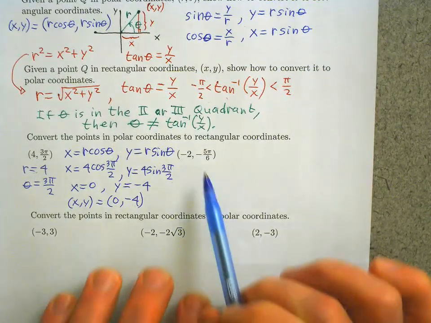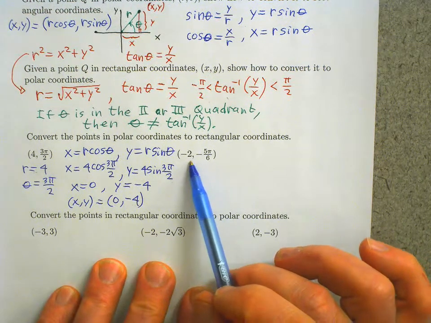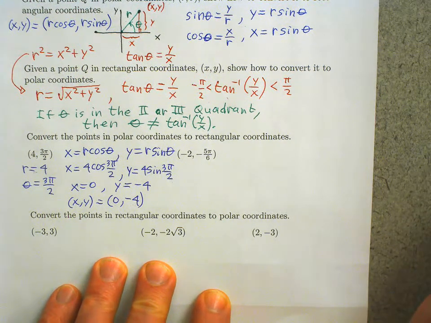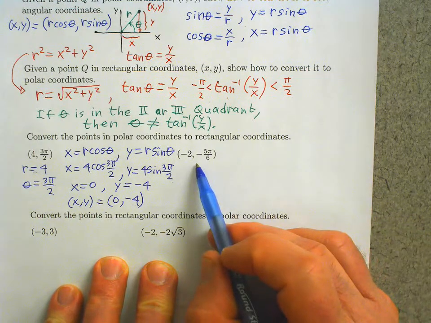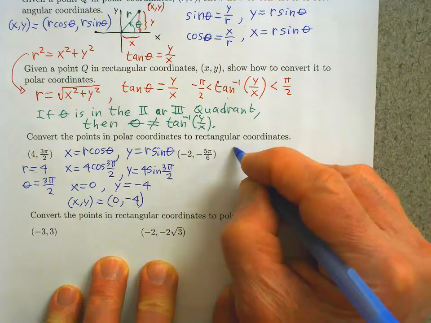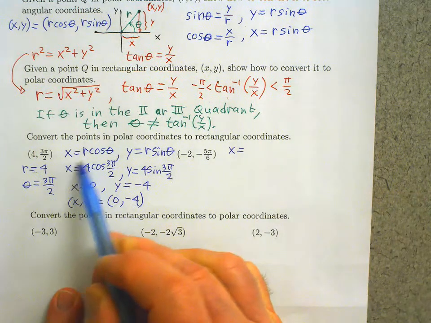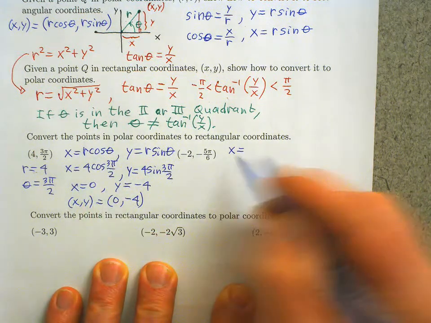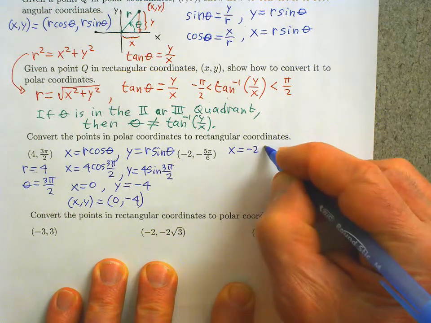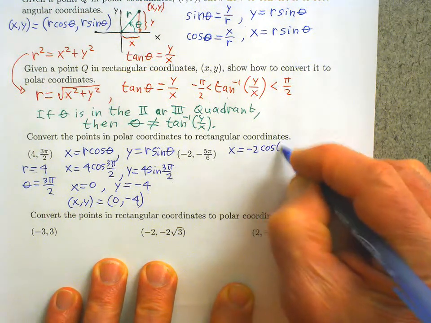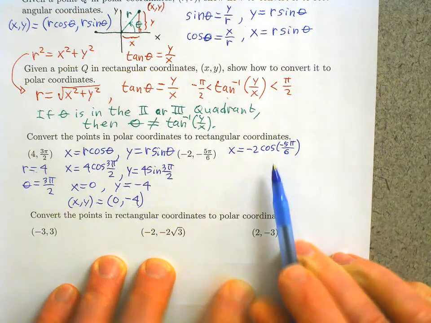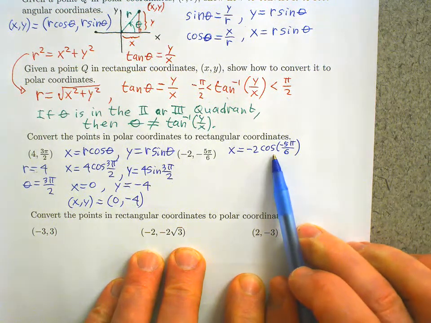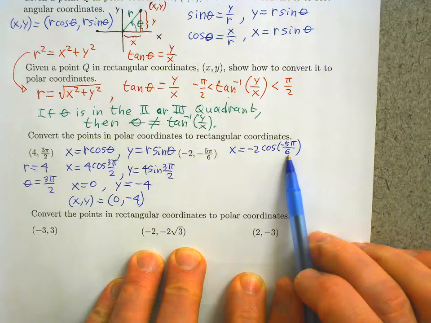Okay, the next one, this is in polar coordinates. We want to convert it to rectangular coordinates. And then afterwards, we'll see if it makes sense. Okay, so we know that x equals r times cosine of theta. So x equals -2 times cosine of -5 pi over 6.